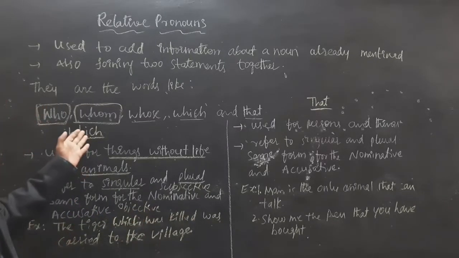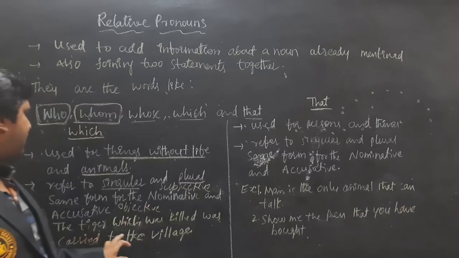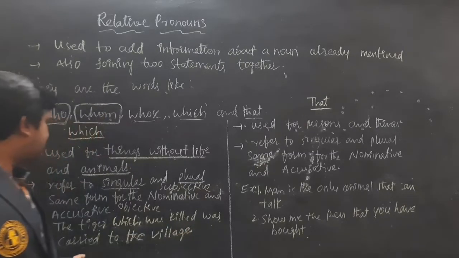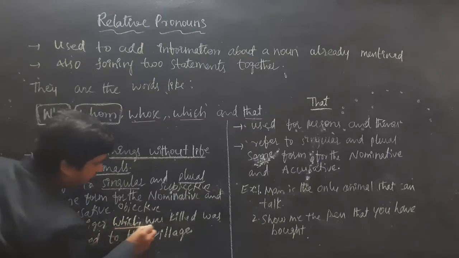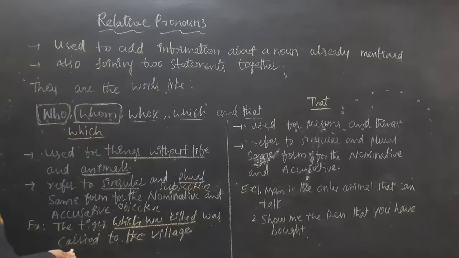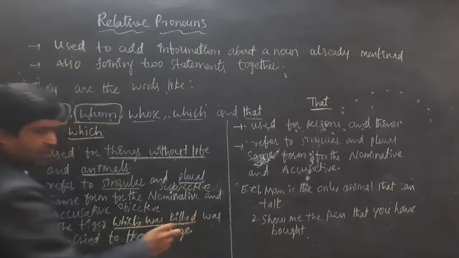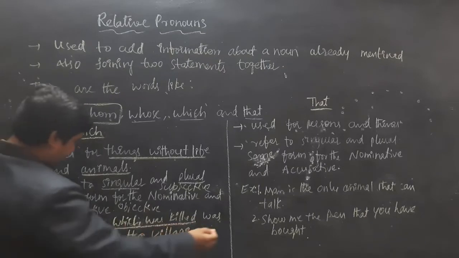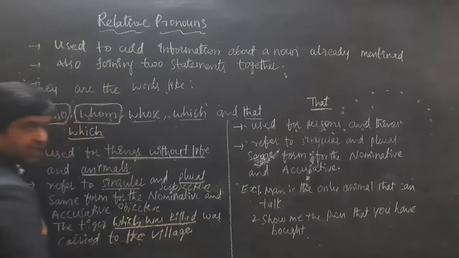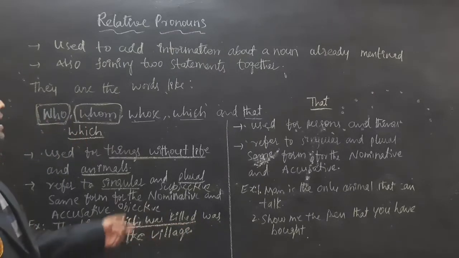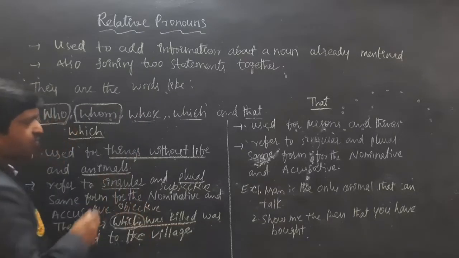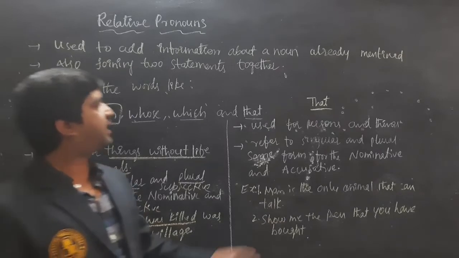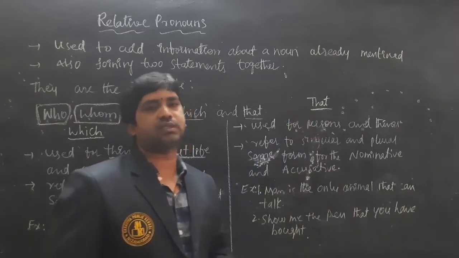Here is an example for which: The tiger which was killed was carried to the village. The tiger was killed is one sentence. The tiger was carried to the village is another sentence, and we added the two statements by using the relative pronoun which.